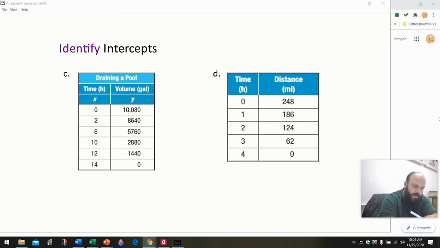So if you look right here, we've got a 0 for x. So if we have a 0 for x, this is the y-intercept. Looking through the table, I can see I have a 0 right there for y. And because I have a 0 for y, this is going to be the x-intercept.